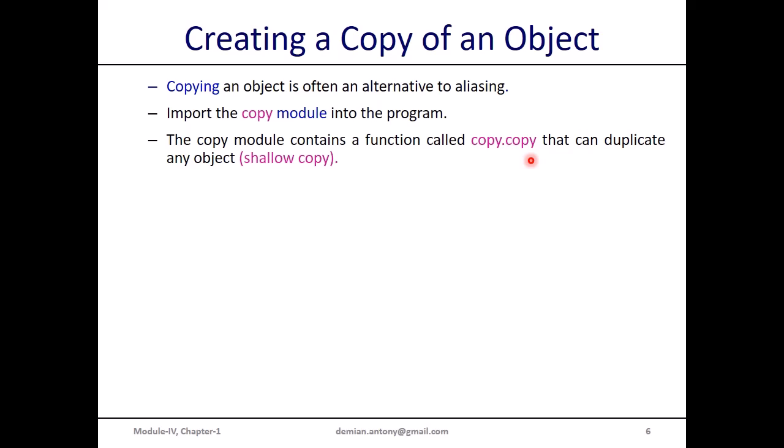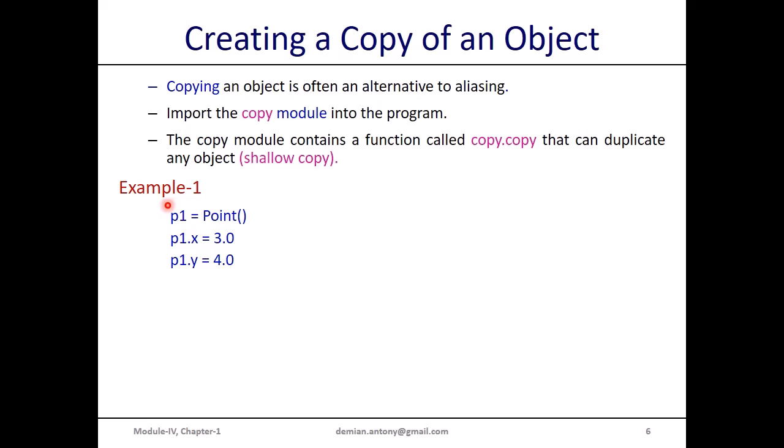It will not copy the object itself. That's why the word shallow. It won't copy the objects that are referred to within the object. We'll illustrate this shallow copy in two different examples.